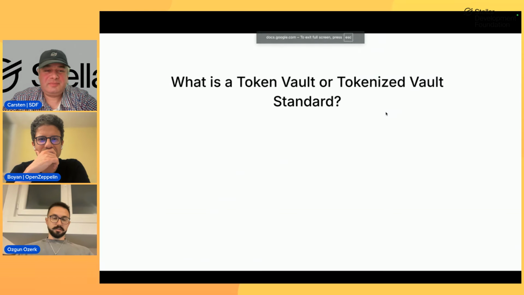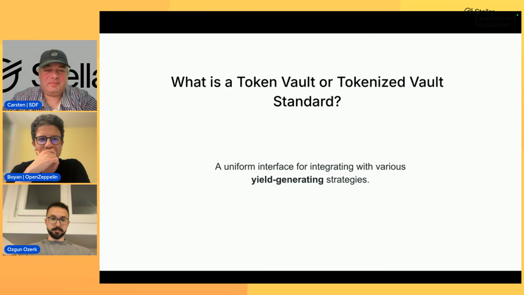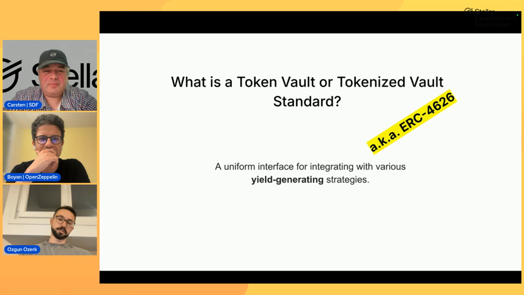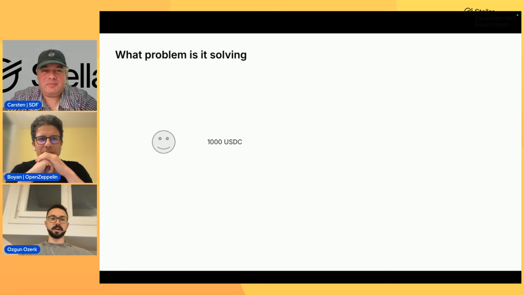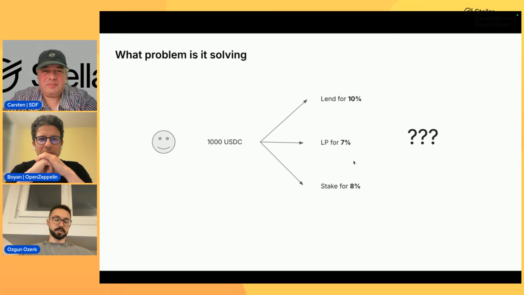So what is it that I'm going to be talking about? It's a uniform interface for integrating with various yield generating strategies, also known as ERC4626 if you are familiar with the Ethereum ecosystem. The problem Token Vault is solving is, let's say you have 1,000 USDC, and what are you going to do with this?